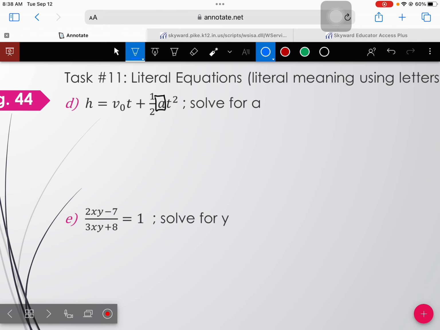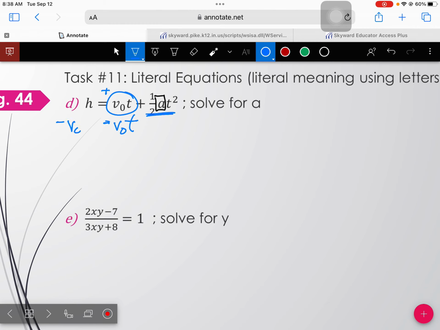So I have over here H minus V sub 0 times T is equal to, these cancel out, 1/2 times A times T squared. Does everybody see how I got that? Okay. Remember, we are trying to solve for A. I'm trying to get A by itself.